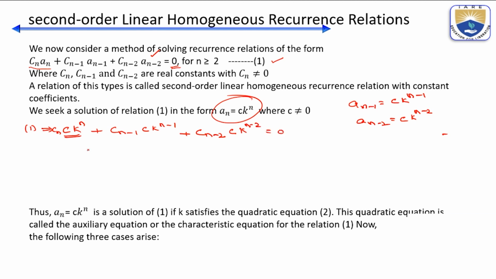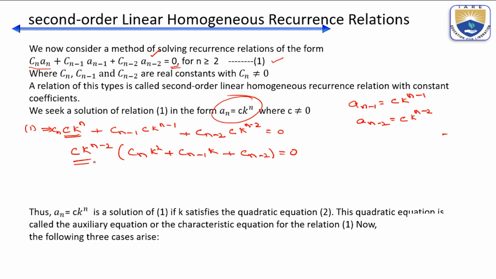Now, if I take c k to the power of n minus 2 as common, then this is Cn k square plus Cn minus 1 k, since k to the power of n minus 2 times k is k to the power of n minus 1, plus Cn minus 2 equals to 0.